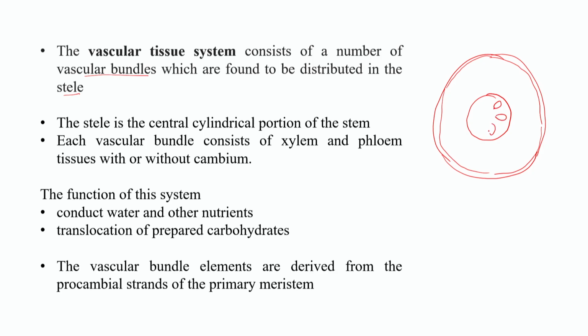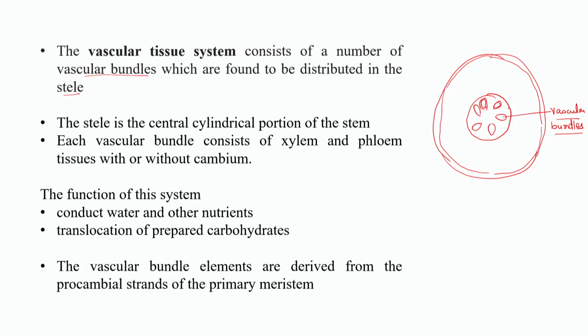In the central part, which is known as the stele, you will see the vascular bundles. When we are talking about the stele, we are talking about the pericycle, the pith, and the medullary rays along with the vascular bundle.